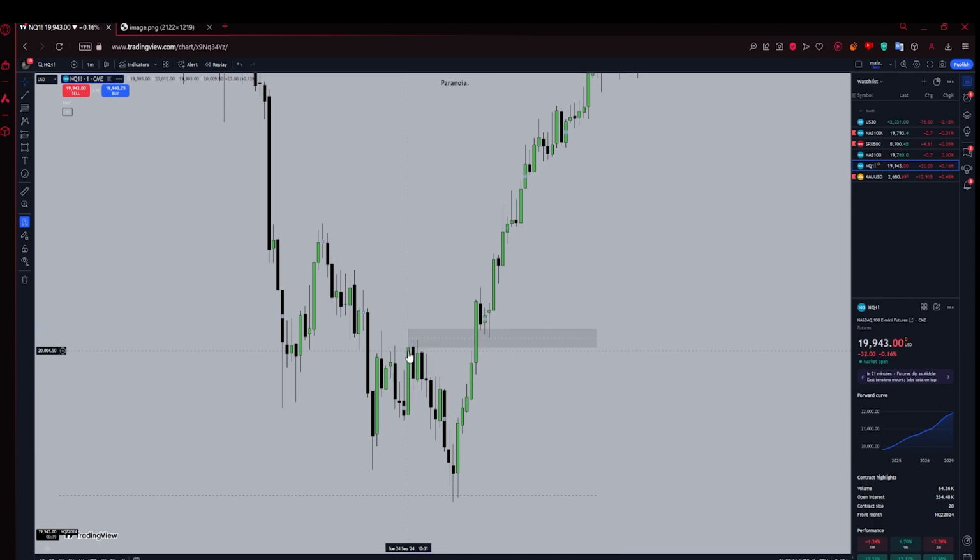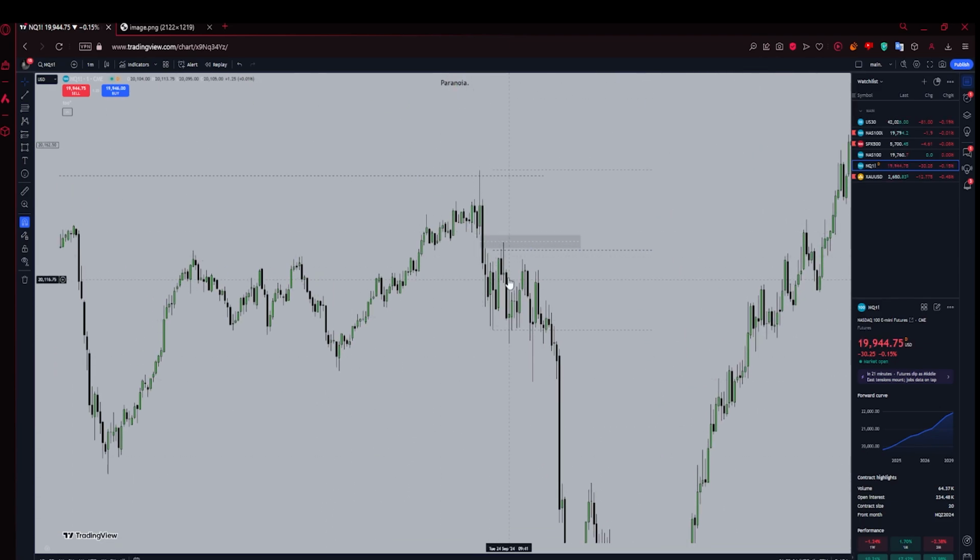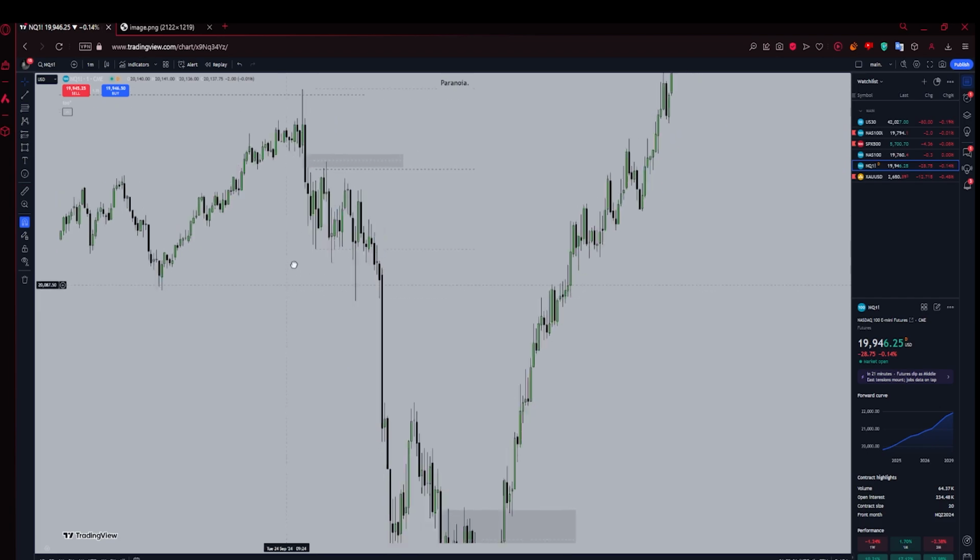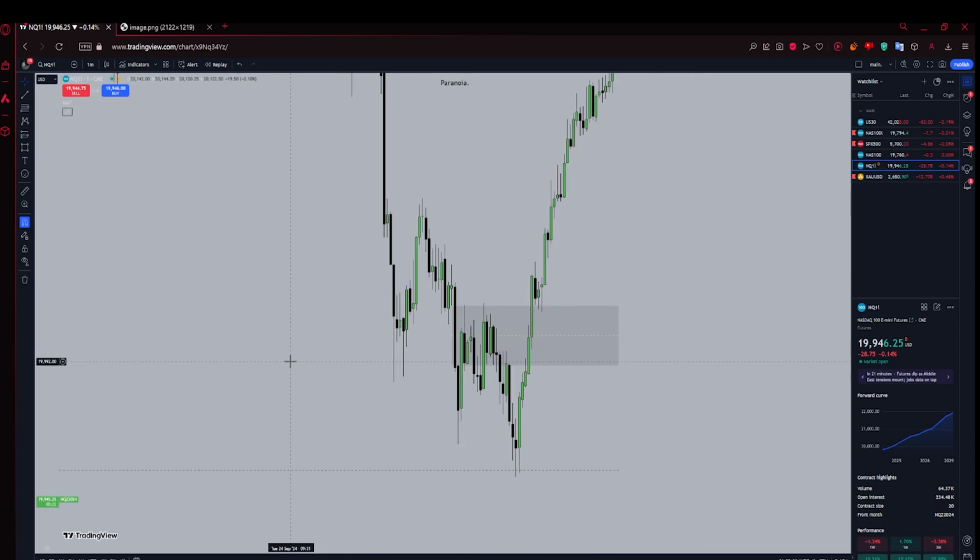I personally would have just marked this out if I wanted the entry, or I would have marked this out. It really depends on the context or the person. Some people like to use IFVGs. Some people just like to use breaker blocks or just an FVG, right? It all works. All that matters is time and an understanding of where we are in the day.